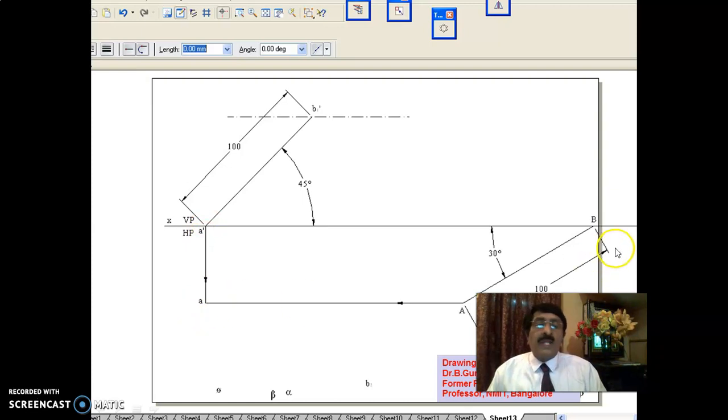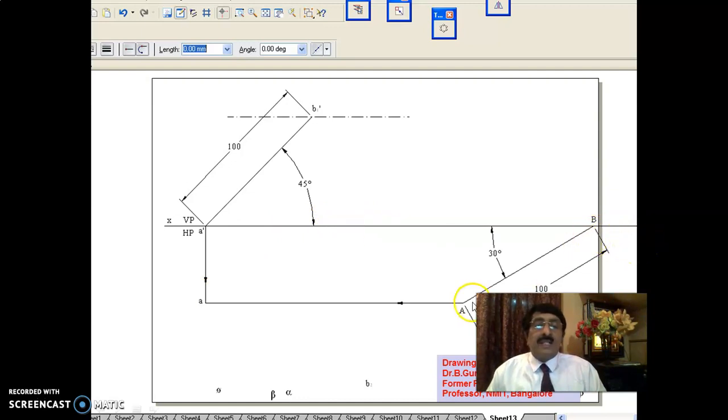Now why I have done this is, with A as center, if you draw a line at 30 degrees and cut 100, automatically B will be on the XY line only. That's the idea. Finally, I want B to be on the XY line because the end B is touching VP.